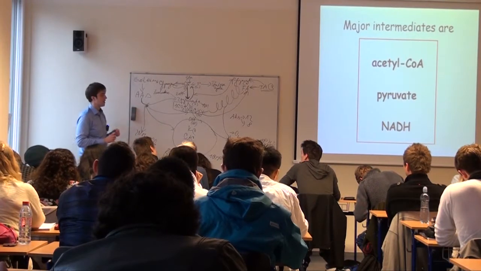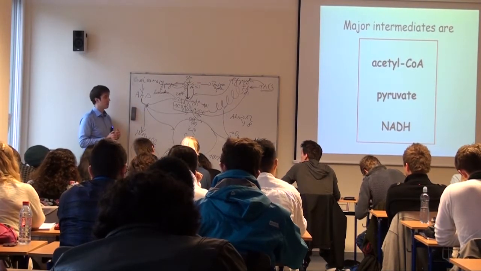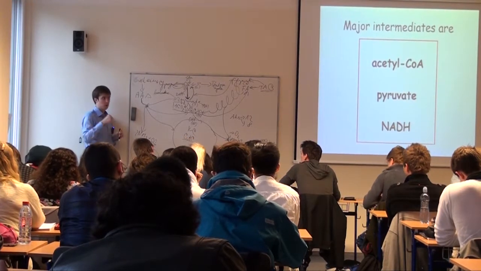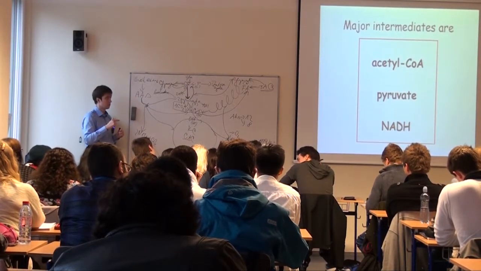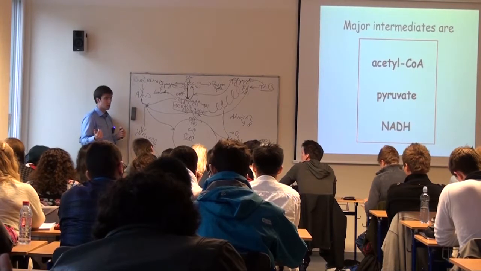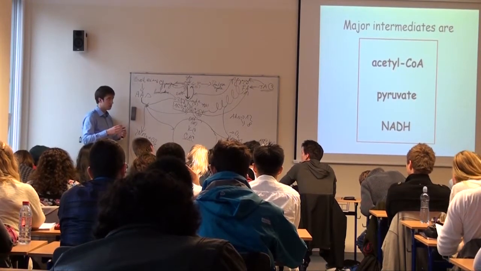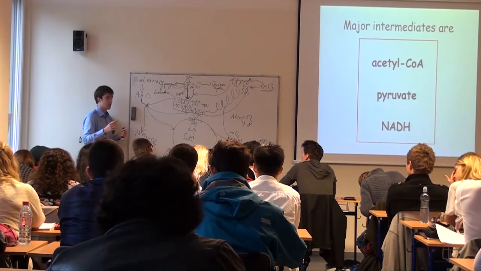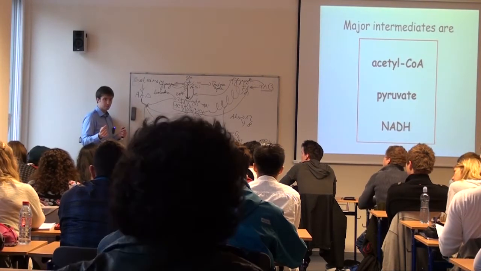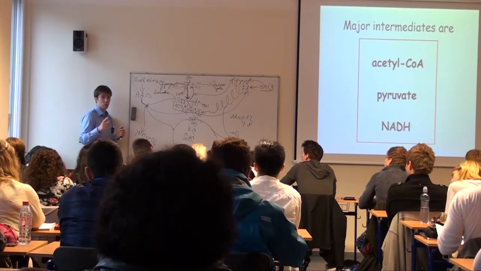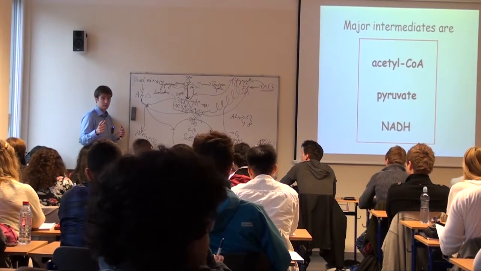So sometimes in the test, the question is: can we degrade, for example, this and this amino acid? You will remember this is essential, this is non-essential, but it doesn't matter, we can degrade both. But if the question is, can we synthesize in our body this and this amino acid? Then you have to remember, oh, alanine is non-essential, we can produce it in our body.